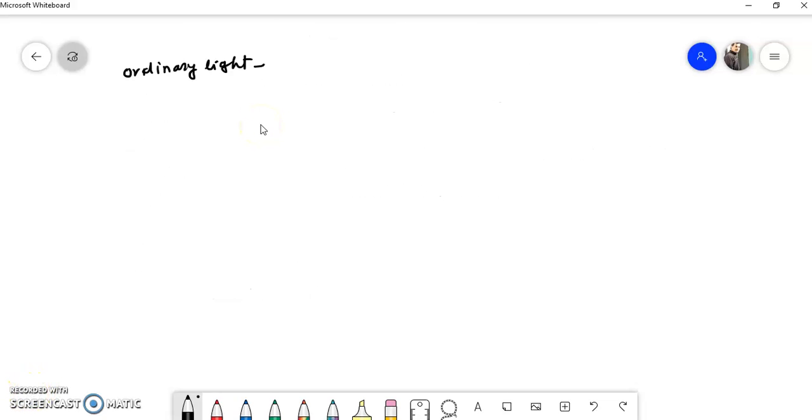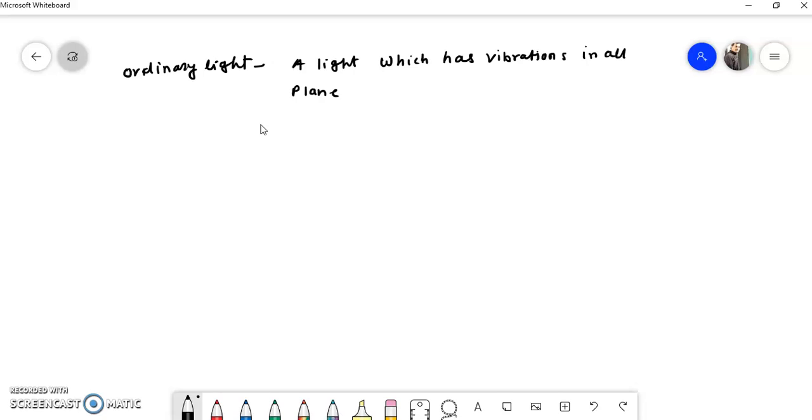Now first of all, see what is ordinary light. According to wave theory, ordinary light is light which has vibrations in all planes. So this light is called ordinary light.